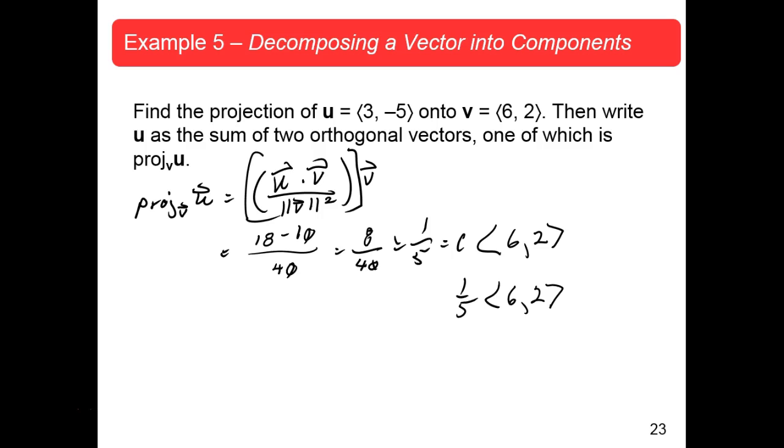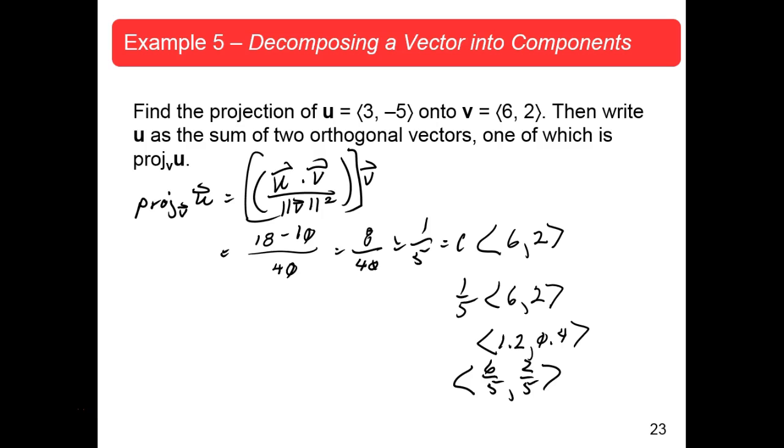I guess that would be perfectly okay with me to leave it that way, but you could think of this as 0.2, right? 0.2 times 6 is 1.2, and 0.2 times 2 is 0.4. There's another way to write it. They write it this way, which is perfectly fine too: 6/5, 2/5. Lots of ways you can write it.